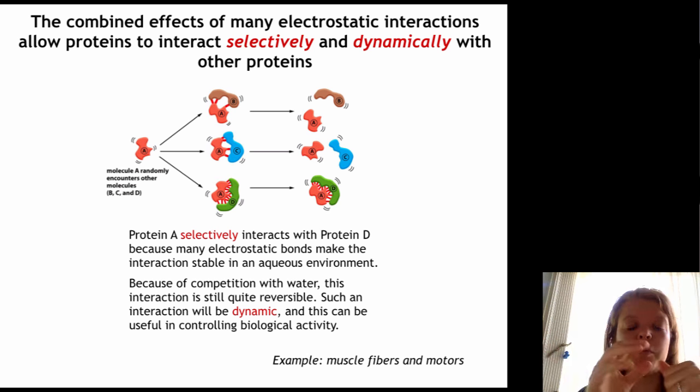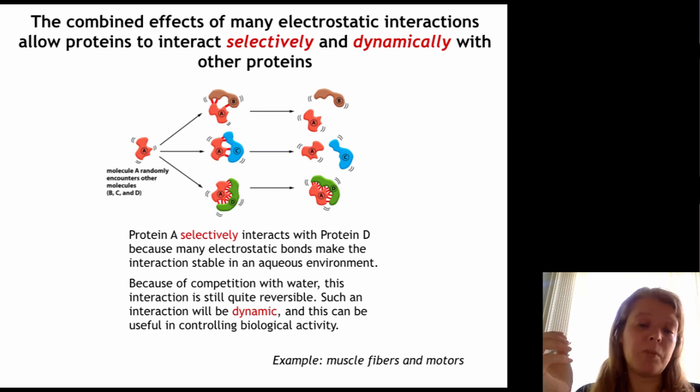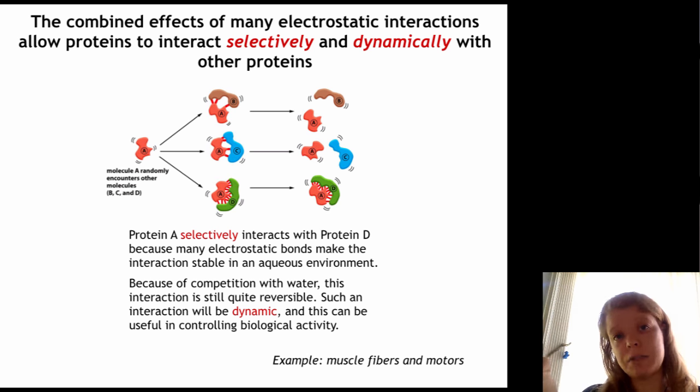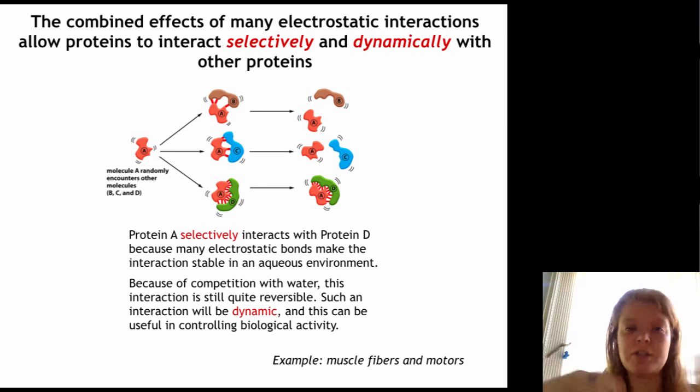Somewhat more bonds are formed, but still not enough to outcompete the interactions with water that both A protein and C protein are experiencing. However, A and D form lots of electrostatic bonds with each other, most likely hydrogen bonds, maybe hydrophobic bonds, that allow them to stick together and become binding partners.